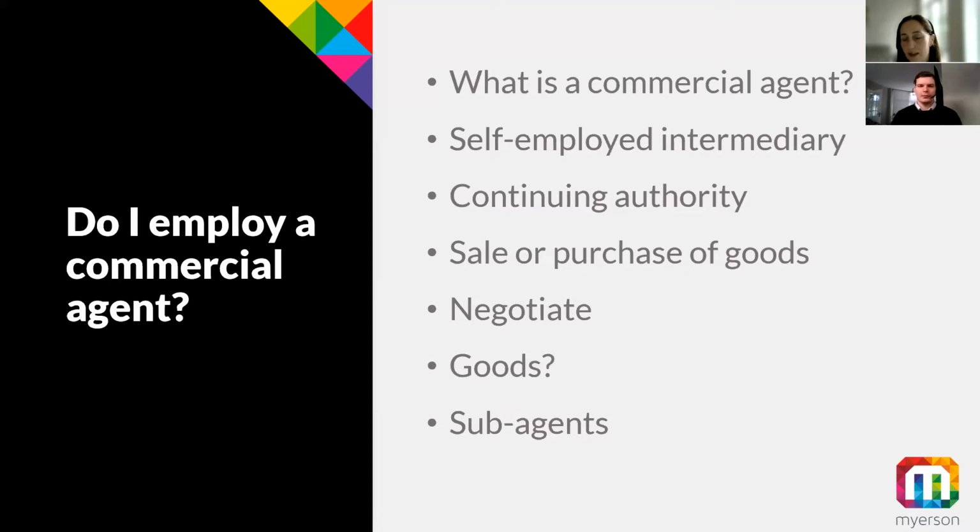But what is interesting and peculiar is that the regulations don't contain a definition of goods. So that leaves uncertainty as to whether some products are classified as goods or services, especially where the product is in an intangible form. For example, software, which is downloaded by the end user.